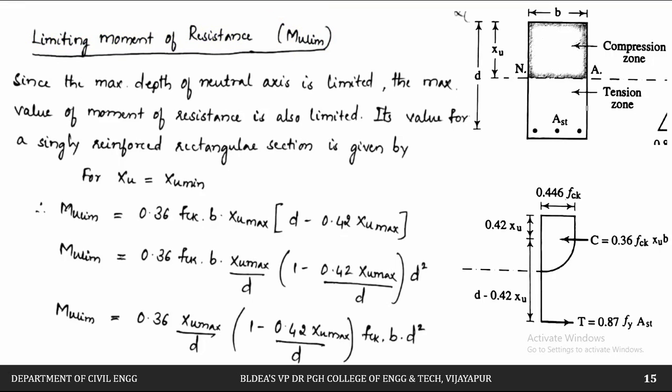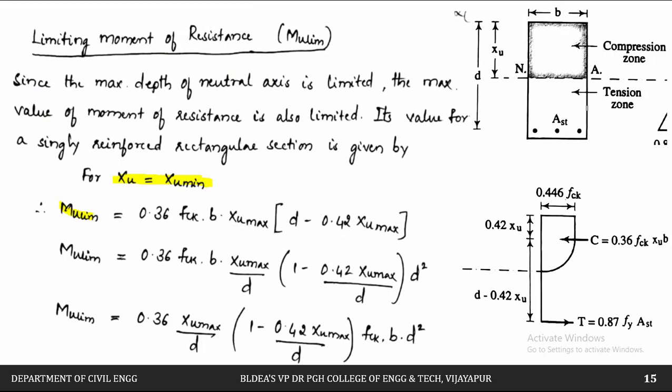How much moment can our section carry, what is the limiting moment, how much can it carry? Already we have seen the maximum depth of the neutral axis. Based on that, the maximum value of the moment of resistance is also limited. Based on that itself, we will try to calculate the maximum moment of resistance. Instead of Xu, we will take it as Xu max.